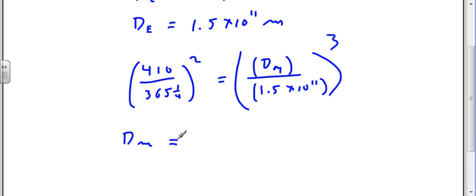So I got 1.62 times 10 to the 11th meters.